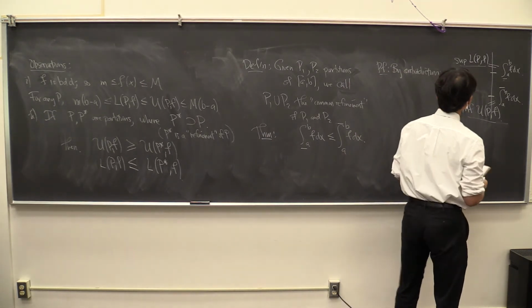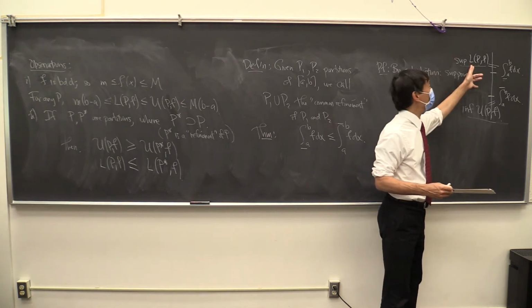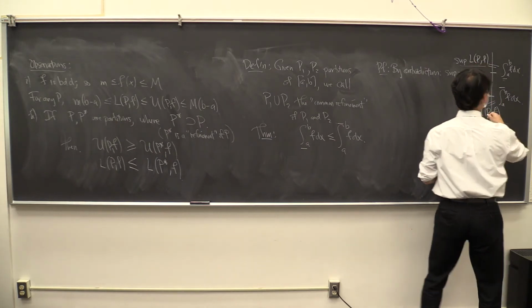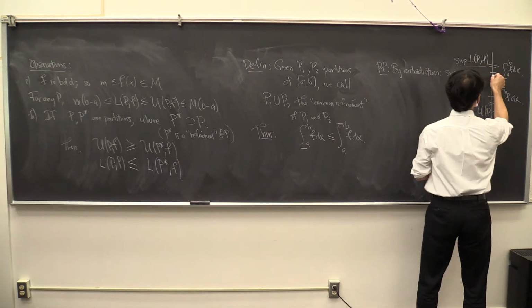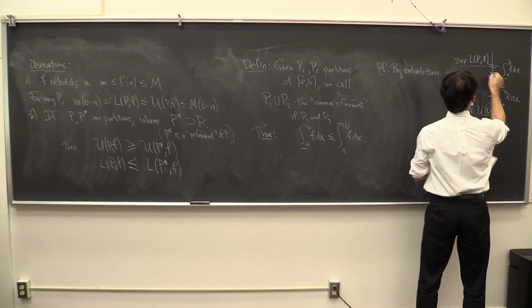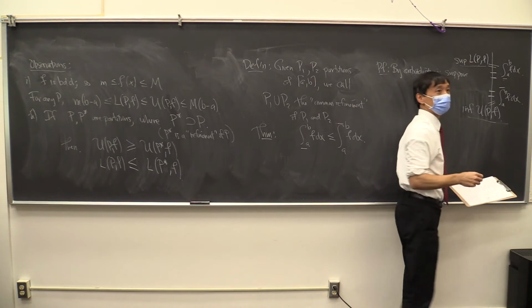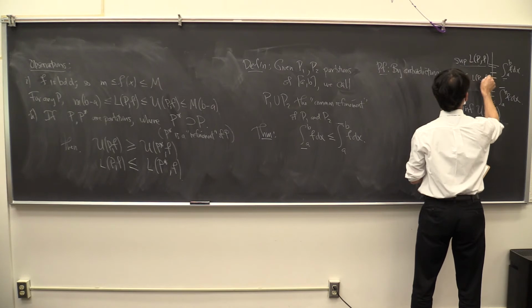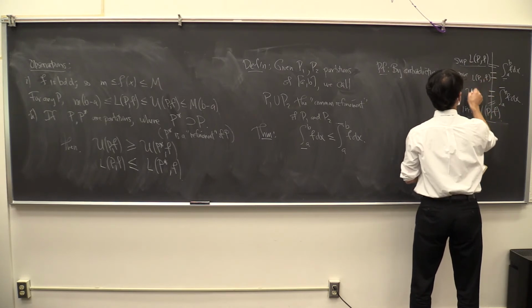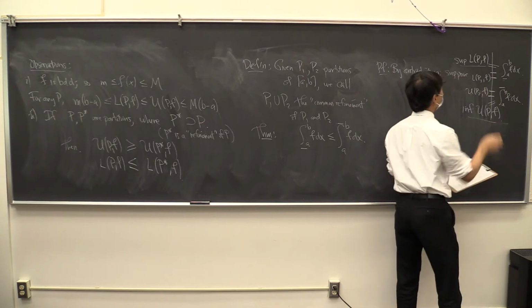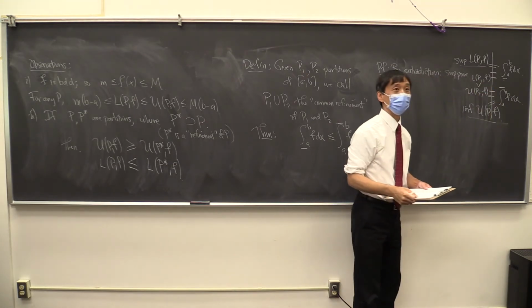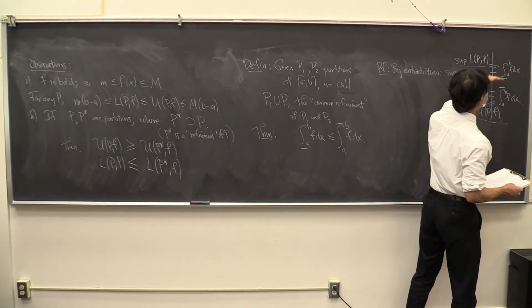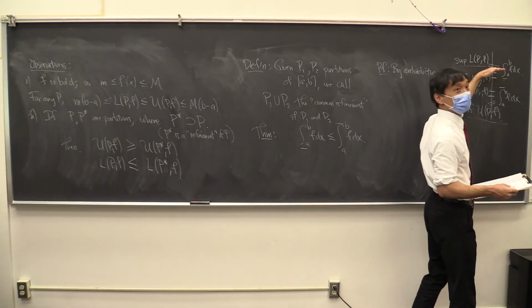Okay, so if this sort of thing happened, this thing is the supremum of the lower sums. This thing is the infimum of the upper sums. In that case, we can find a lower sum that is bigger than an upper sum. So we can find some P1 here and a P2 here, where the lower sum is strictly bigger than the upper sum, because we can make these guys as close to this thing as possible as we desire, and these guys as close to this as possible as we desire.